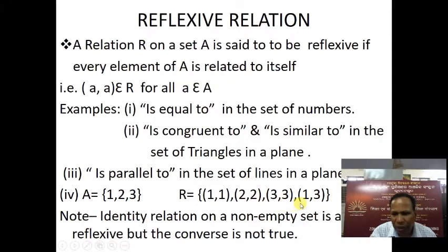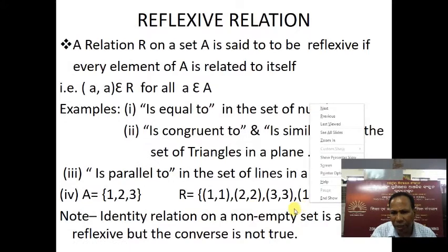In addition to that, element (1, 3) is present. So in order to be a reflexive relation, the minimum elements to be present are (1, 1), (2, 2) and (3, 3). There may be the presence of any additional element; it is immaterial. So it is a reflexive relation.